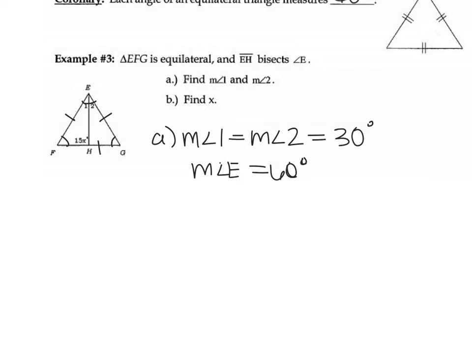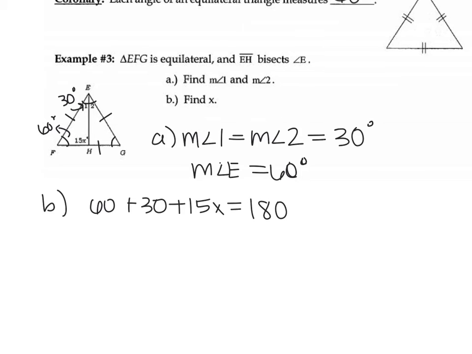Now we can use the fact that angle F is 60 degrees and angle 1 is 30 degrees to help us solve for x, since the point H creates a triangle FEH, which also has to have a sum of 180 degrees. So we know 60 plus 30 plus 15x has to equal 180 degrees. 60 plus 30 is going to give us 90, plus 15x equals 180.